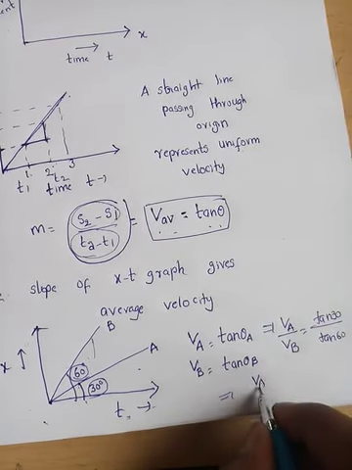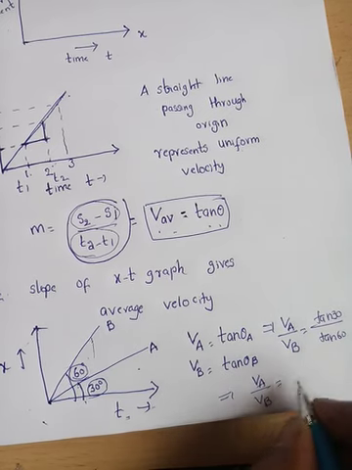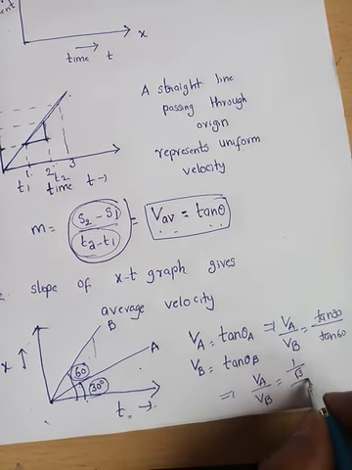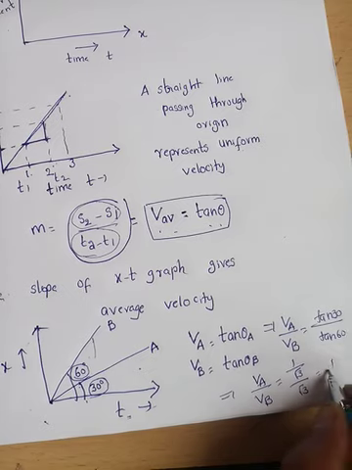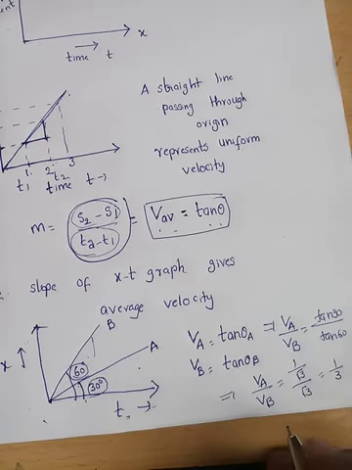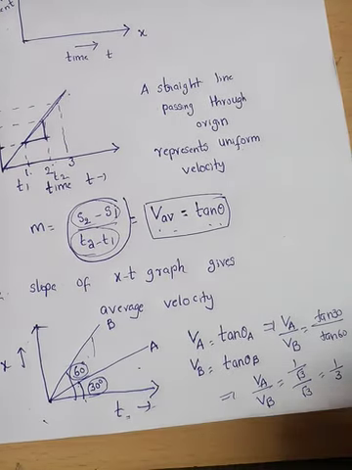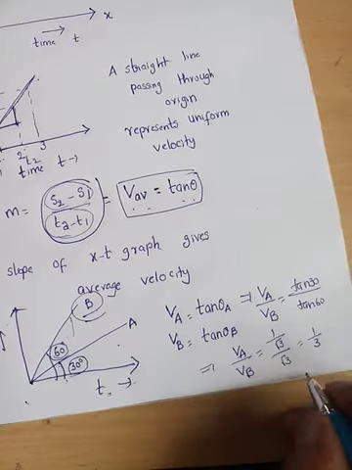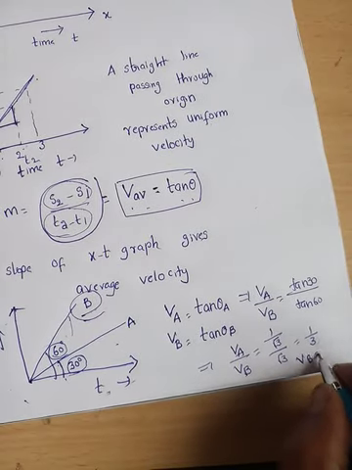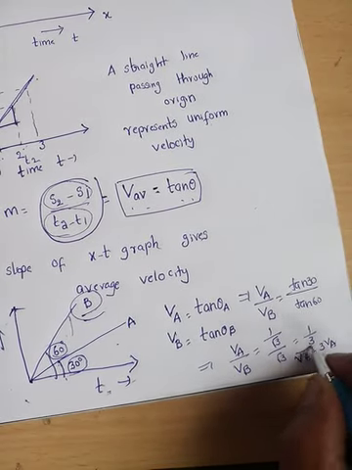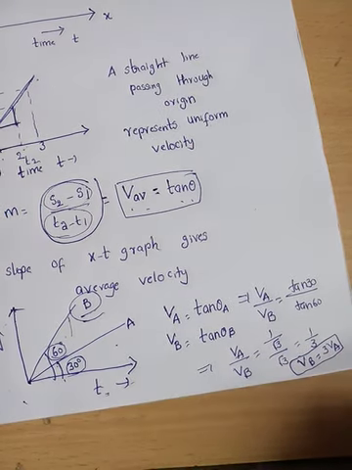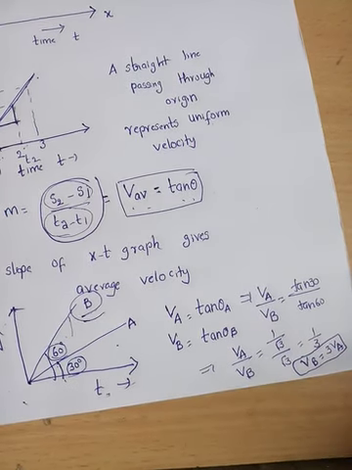So VA by VB equals 1 by root 3 divided by root 3, that equals 1 by 3. So who is moving faster? VB is moving faster. How? VB equals 3 VA. Understood? By this way we can solve the problem.